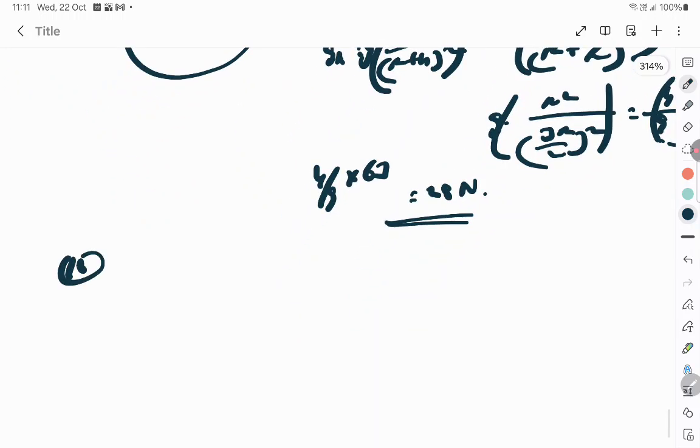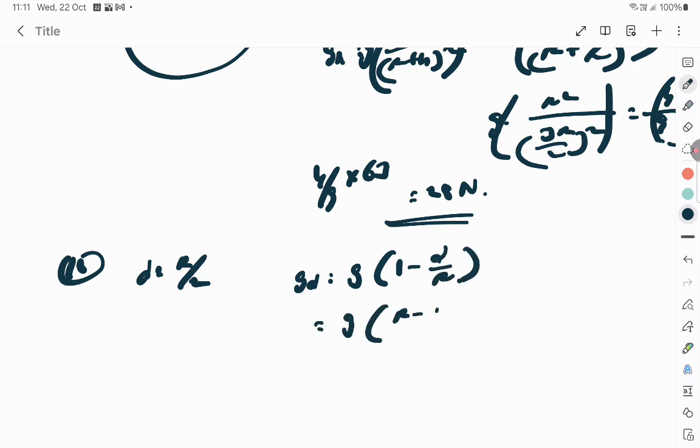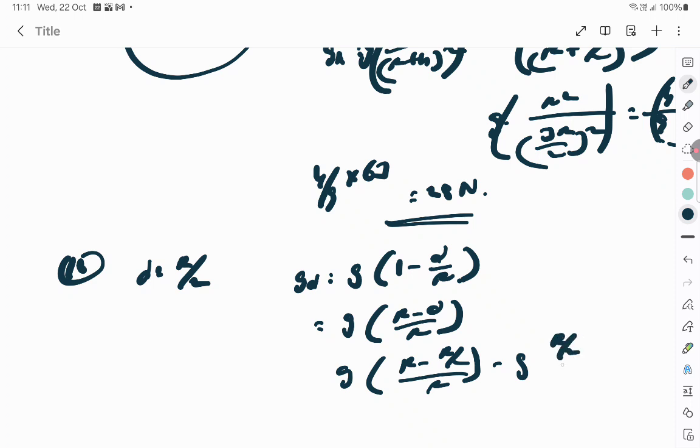So 16th question. Assuming the Earth to be a sphere of uniform mass density, how would the body weigh halfway down to the center of the Earth? So depth is equal to R by 2. Gravity at a particular depth is g into 1 minus d by R, or g into R minus d by R, where g into R minus R by 2 by R, which is g into R by 2 divided by R, and R gets cancelled, g by 2.